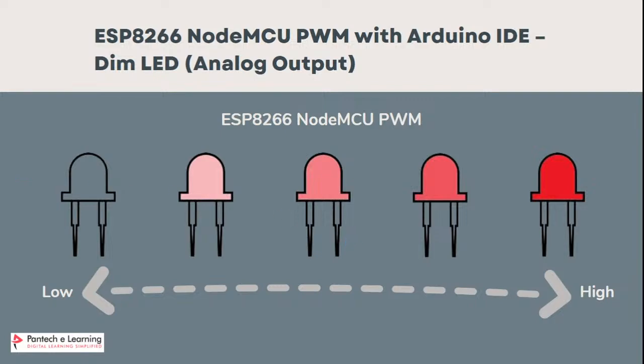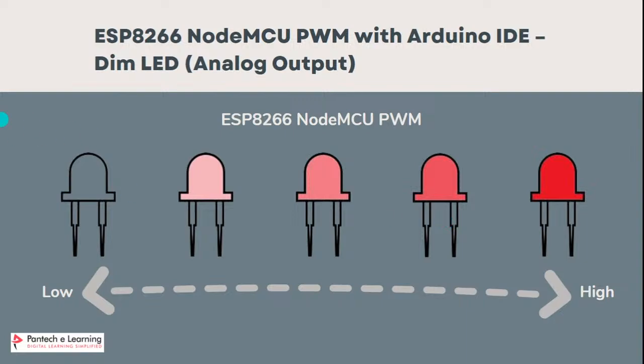Now let's see how to generate pulse width modulation signals with ESP8266 NodeMCU using Arduino IDE. As an example, we will dim the LED brightness by changing the duty cycle over time.